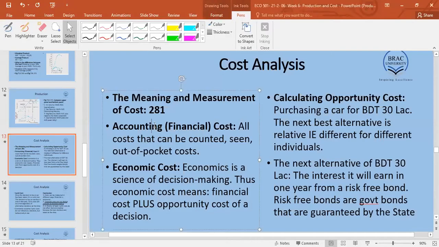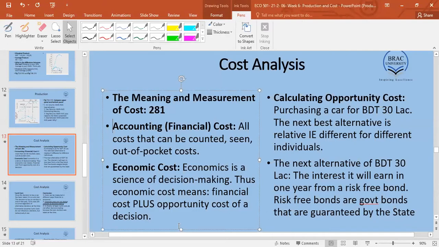In economics, we look at cost as a decision-making activity. At the beginning of the semester, we looked at a cost called opportunity cost, right? Remember? Yes, sir. Okay, so this is what we are going to look at in economics. Financial costs are basically accounting costs, costs that can be counted.